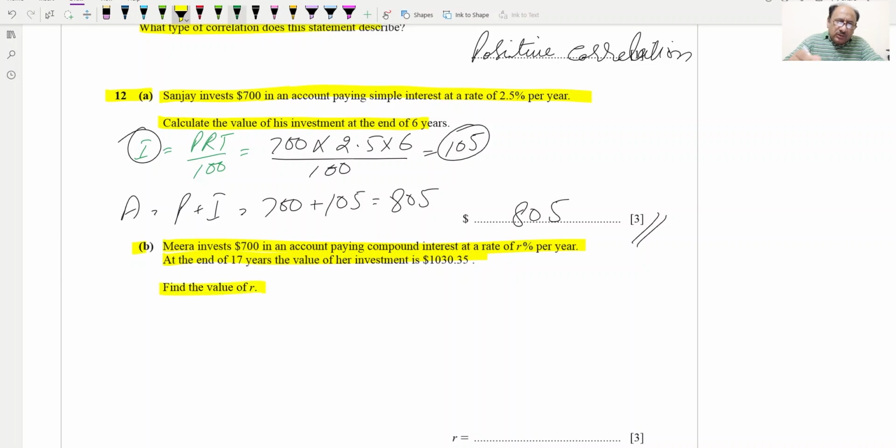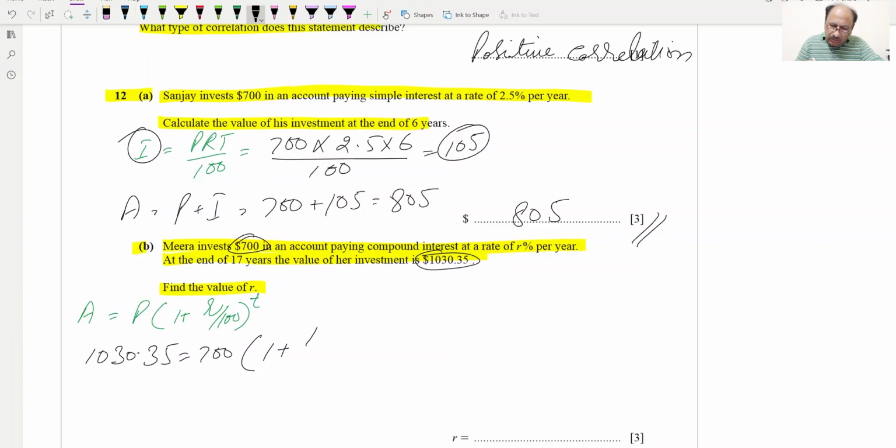So we know the compound interest formula, and compound interest formula is A is equal to P into 1 plus R over 100 raised to the power T, and in this formula we'll be replacing amount, which is given, this one, so 1030.35 will be equal to principal amount, which is 700, so we'll replace 700 into 1 plus rate, we don't know, R over 100 raised to the power time duration, and it is for 17 years.